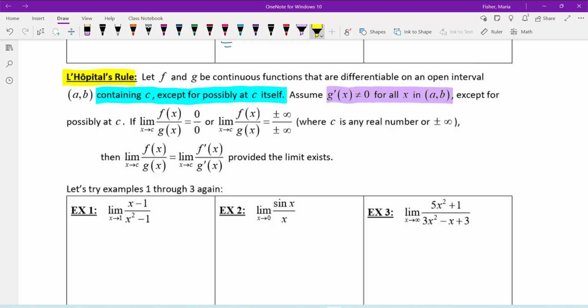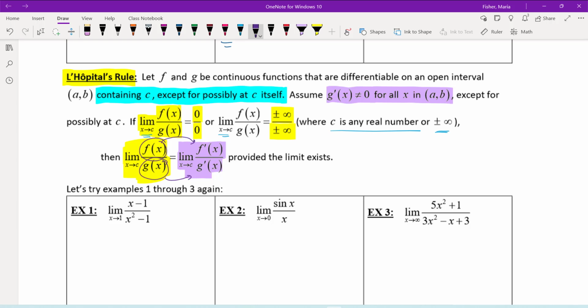That's okay. Then L'Hopital's rule will state the following. If the limit as x approaches c of f of x over g of x, when you do direct substitution, gives you 0 over 0, or plus or minus infinity over plus or minus infinity, where c, the number that you're approaching, is any real number or positive or negative infinity, then that limit is equal to the limit as x approaches c of the derivative of f of x divided by the derivative of g of x, provided the limit exists.